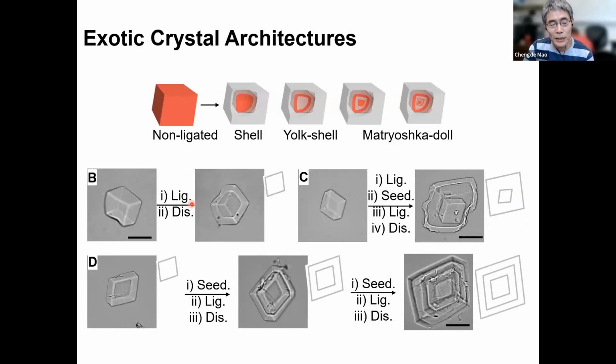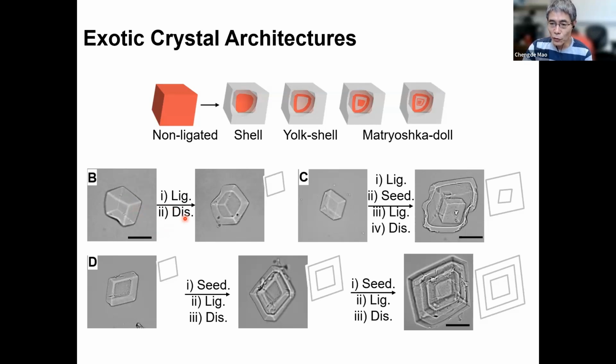More interestingly, this ligation also allows us to make some exotic crystal architectures. For example, you start with one crystal and ligate it only for a very short time. The ligase can reach the very outside surface of the crystal but cannot ligate the inside.